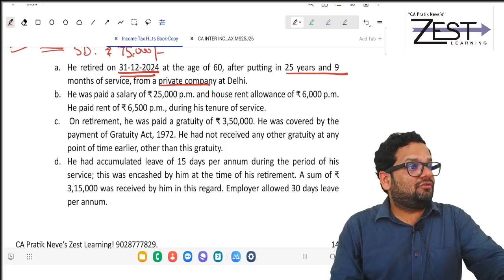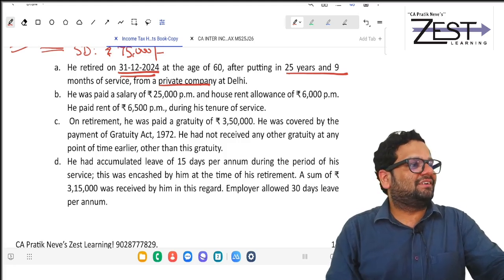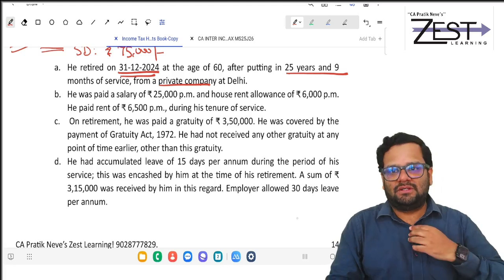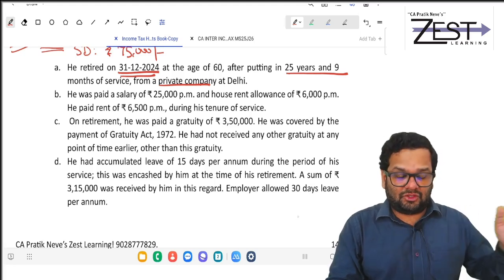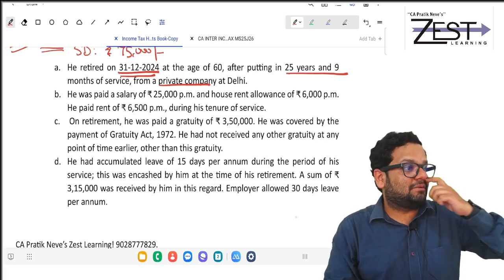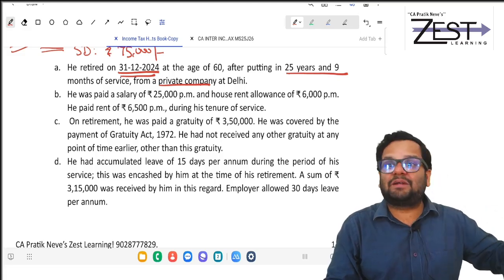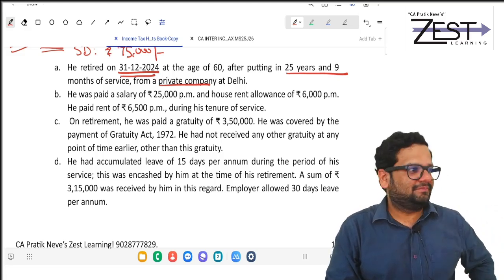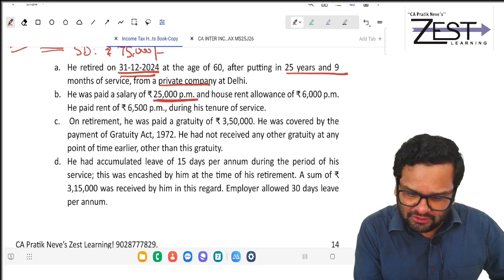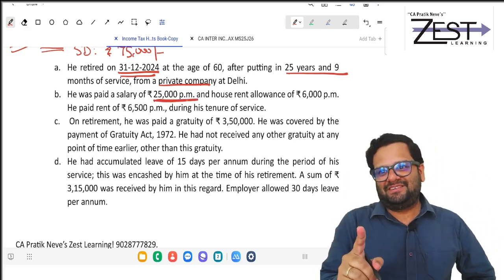In short, till 31st December, because he retired on 31st December, he will be getting everything like basic, bonus, whatever he is entitled for. From 1st Jan will start pension, if any. He was paid basic of 25,000 per month. So this will continue for 9 months.